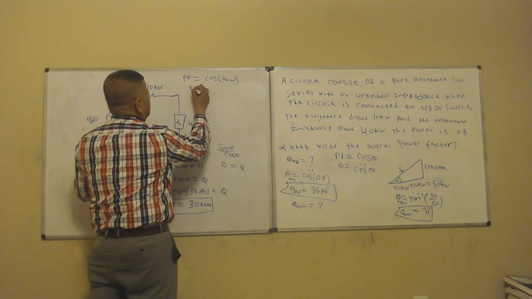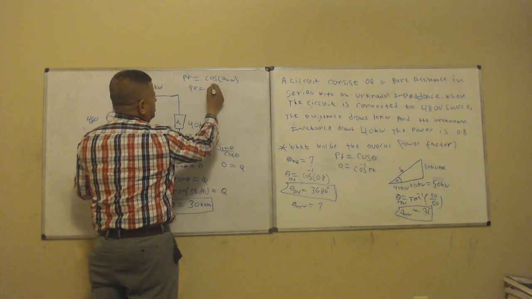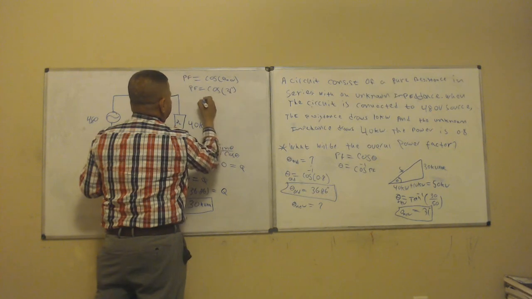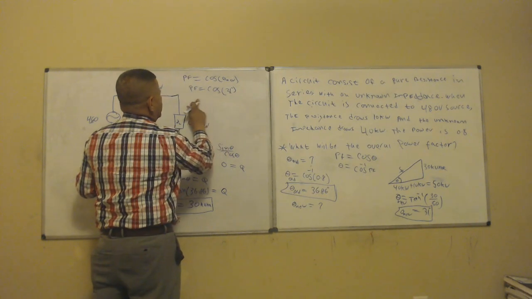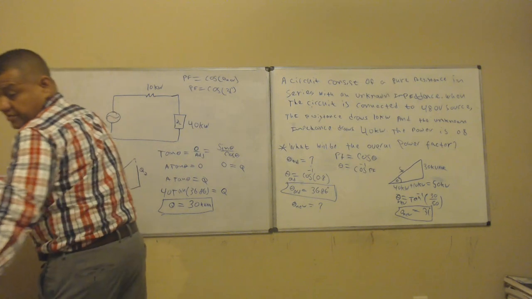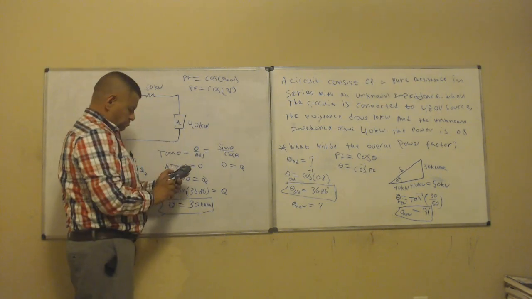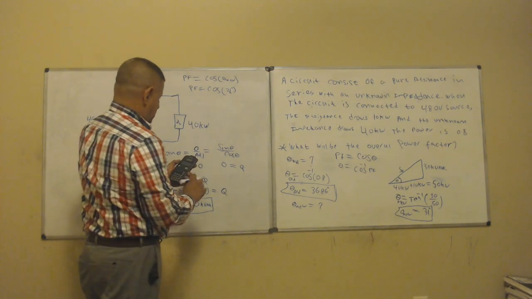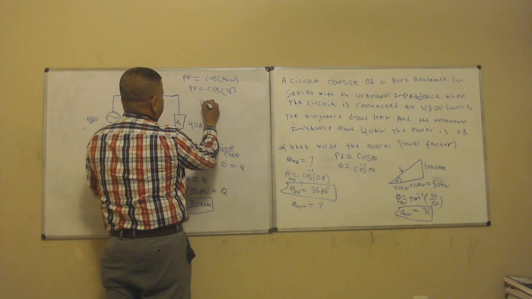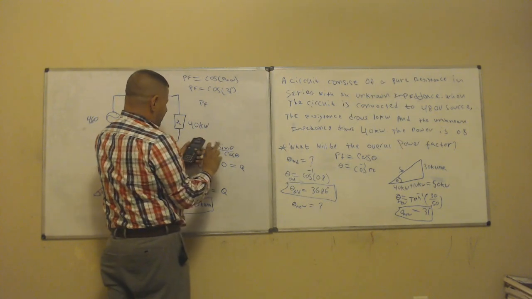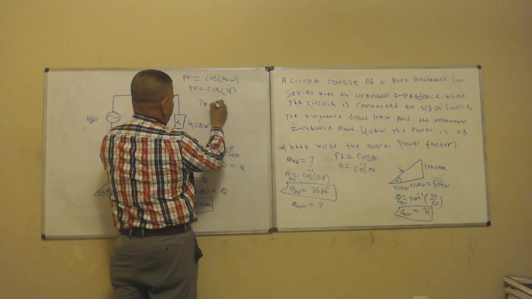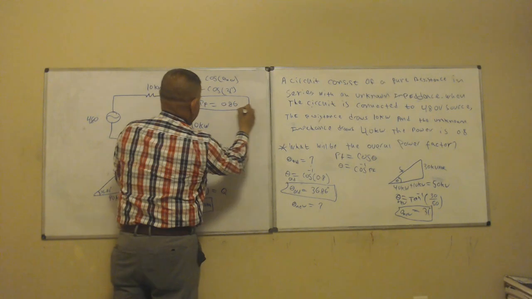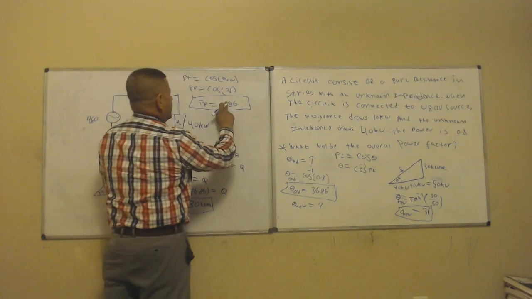So power factor is going to be equal to cosine of 31 degrees. This is the final answer, which is going to be 0.86.